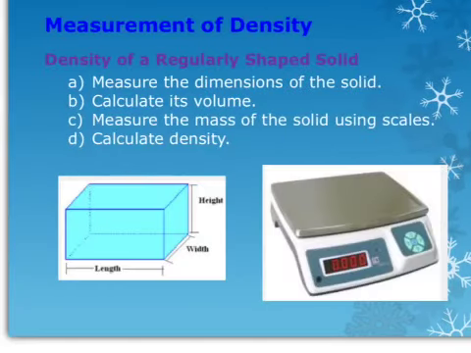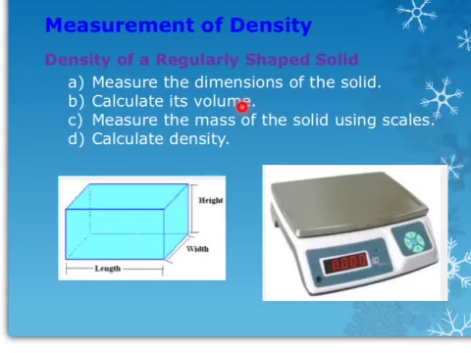Now, let's have a look at how we can measure the density of different things. Firstly, the density of a regularly shaped solid, like a cuboid here, or a cube. The first thing you do is measure the dimensions of the solid. In this case, you measure the length, the width, the height of this cuboid by using a ruler, and you calculate the volume.